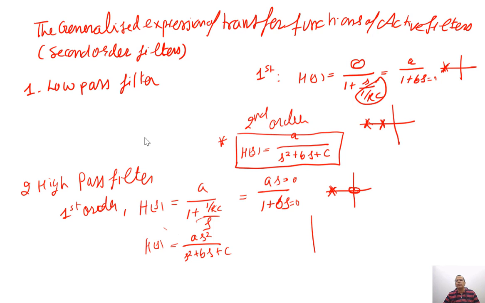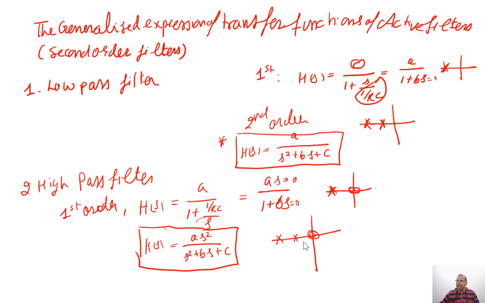So in case of second order high pass filter, we have two zeros at the origin and two poles located in the left half of the s plane. That is your generalized expression of transfer function of a second order high pass filter.